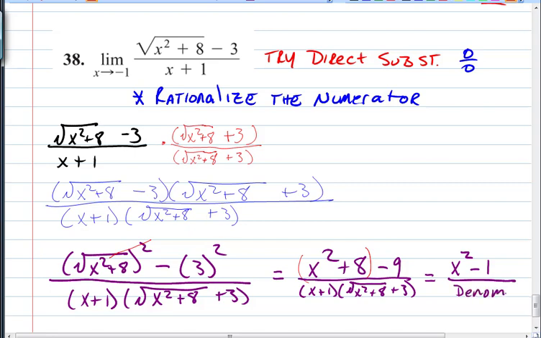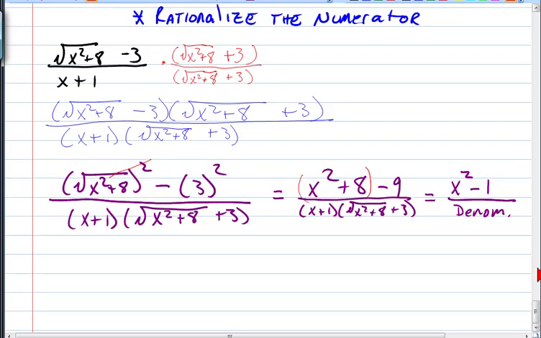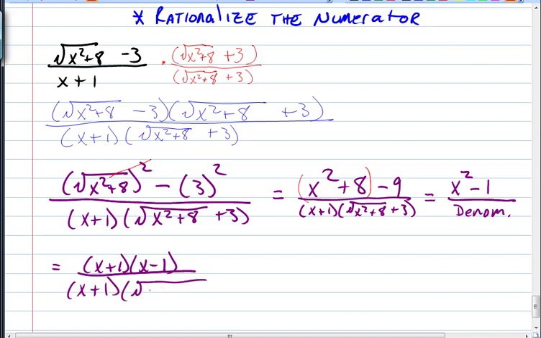I don't want to write it out again, okay? Can I cheat a little? All right, but the numerator factors into what? x plus 1 times x minus 1 over, now I'm going to write it out, x plus 1 times the square root of x squared plus 8 plus 3. And guess what's going to cancel?